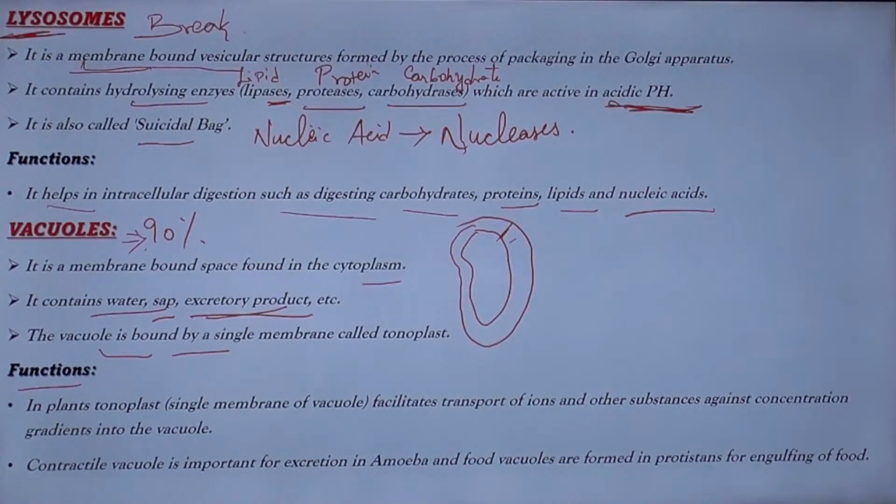The tonoplast facilitates transport of ions and other substances against concentration gradients into the vacuoles. So the tonoplast in the plant vacuole is transporting some ions and other substances into the vacuole.